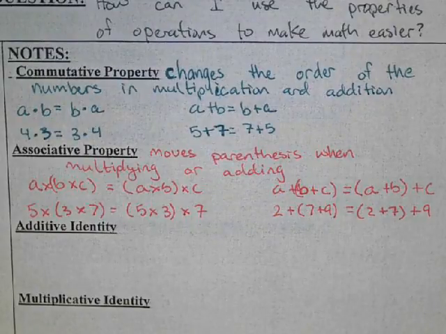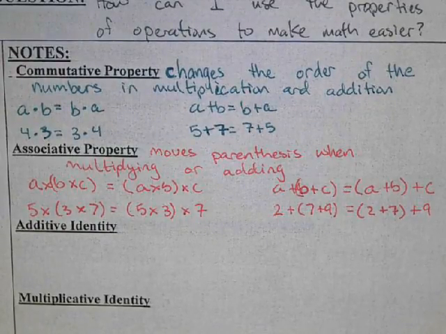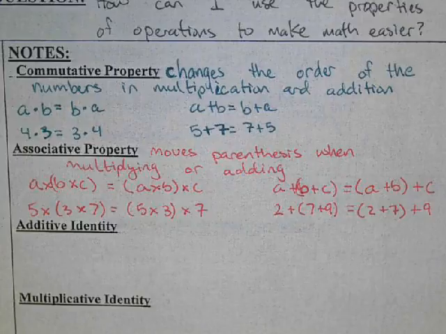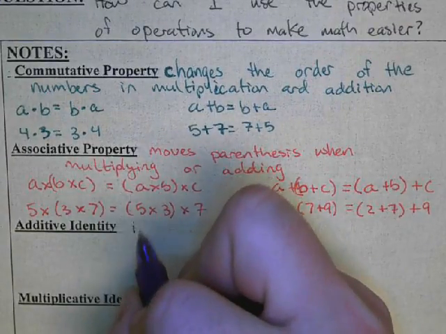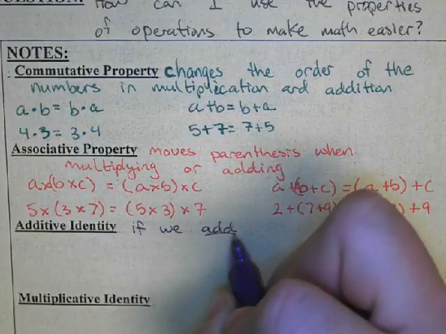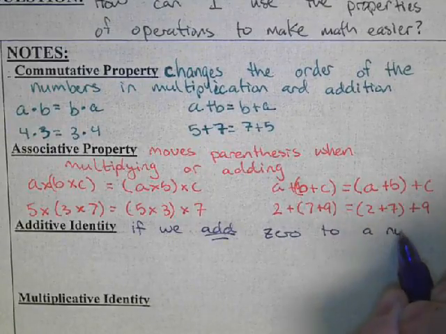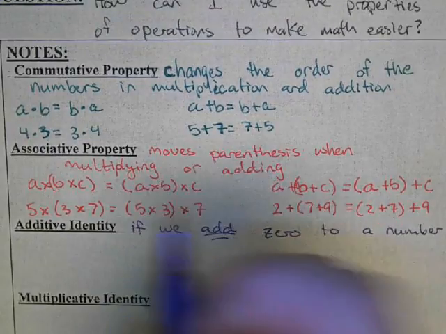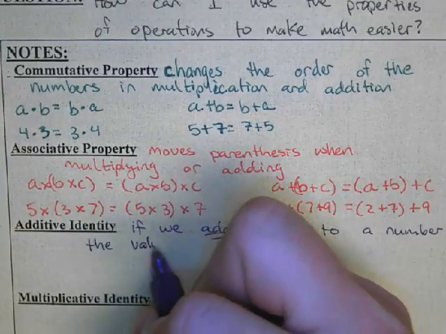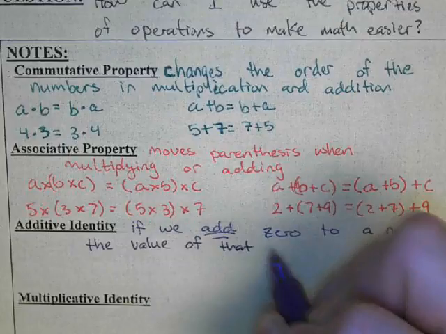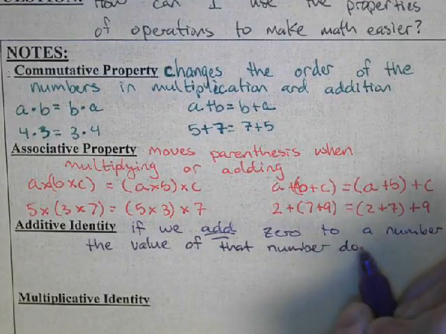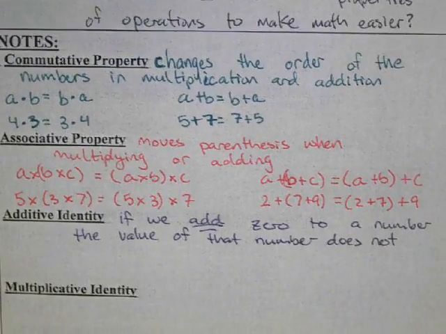Next, we'll have the additive identity. The additive identity is when we add 0 to a number, the value of that number does not change.